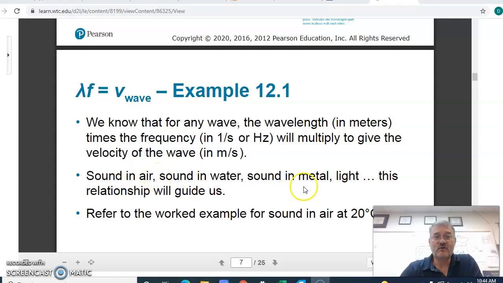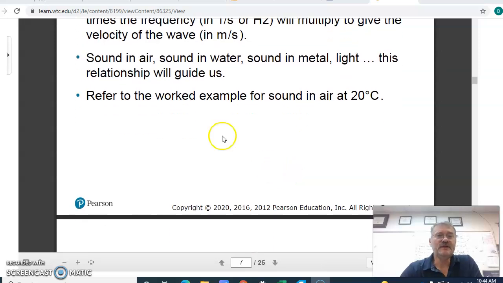Sound in air, sound in water, and light all travel at different speeds. In air we hear sound, but if you're underwater and someone says something to you or makes a noise, it sounds different, and that's due to the fact it's traveling at a different speed. In metal, it travels very quickly in most metals, so make note of that.